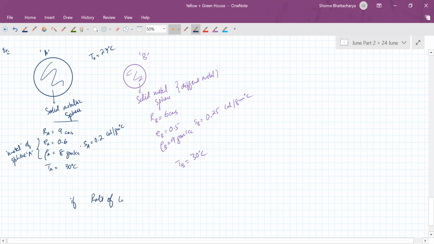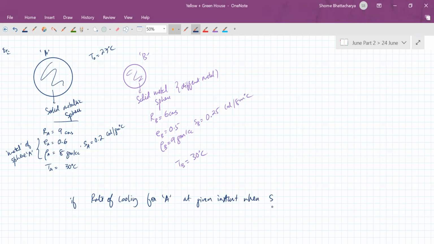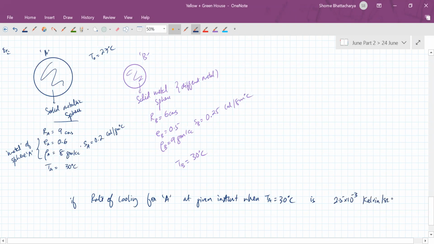Okay. So if the rate of cooling for the sphere A at the given instant when its surface temperature is 30 degrees C is, let us say, 2.5 into 10 raised to minus 3 Kelvin per second, then find the rate of cooling for B when temperature of its surface is 30 degrees C, or when temperature of its surface is 28 degrees.